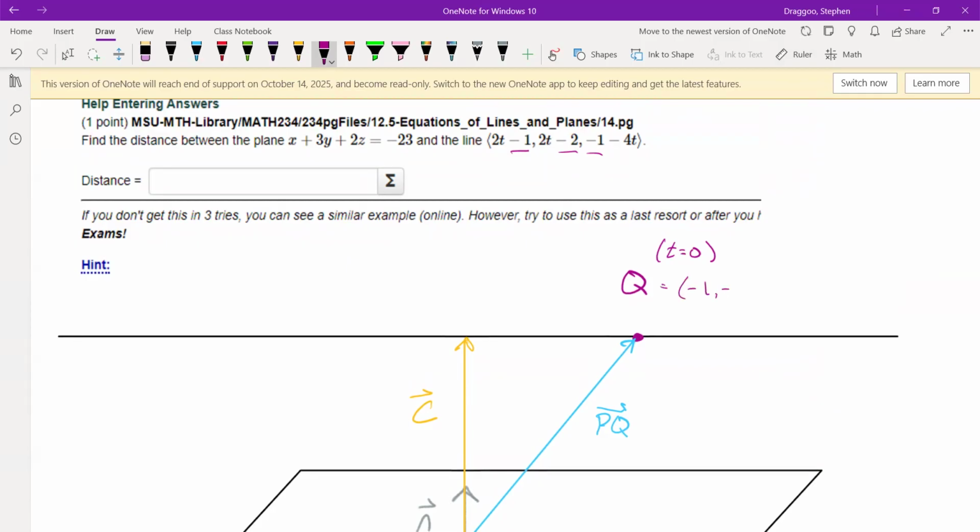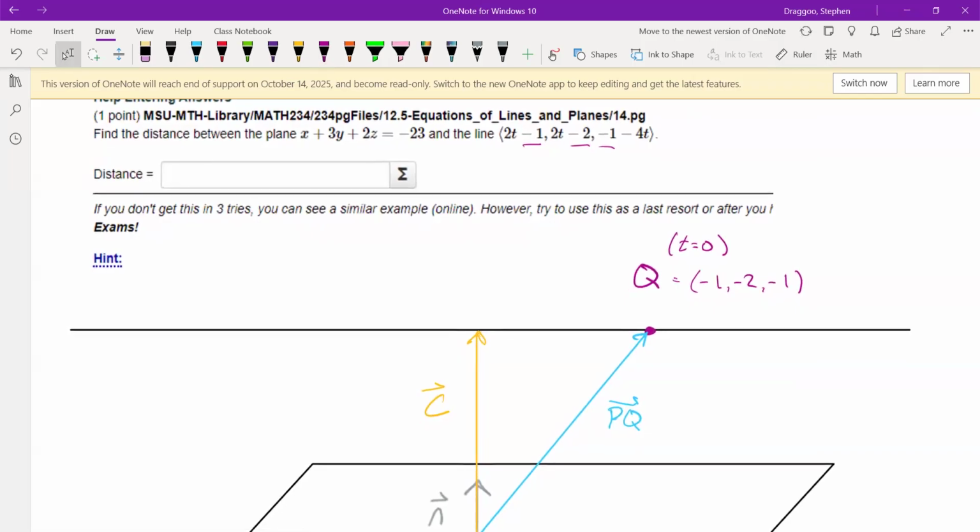I'll also need a normal vector, which I can pull just out of my plane equation. N can be the vector 1, 3, 2. As again, just grab the coefficients out of x, y, and z, just like the previous problem.